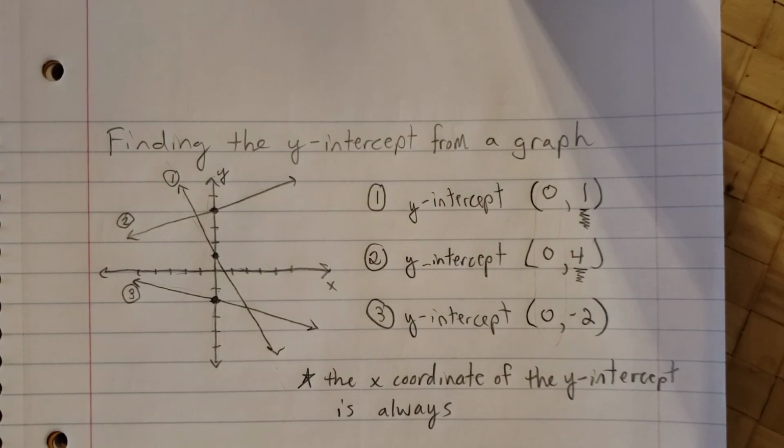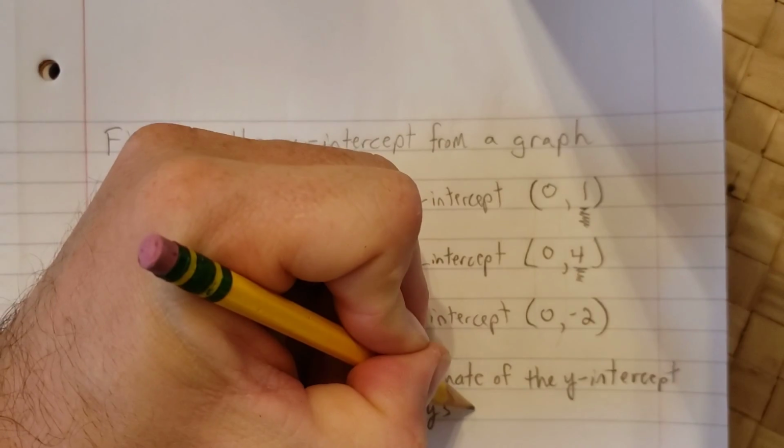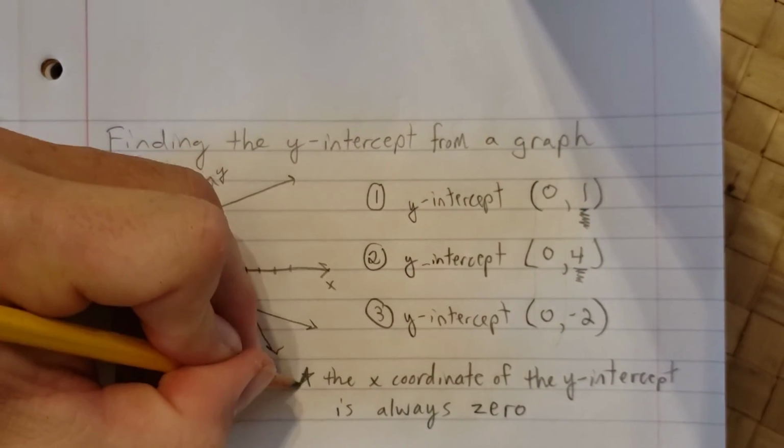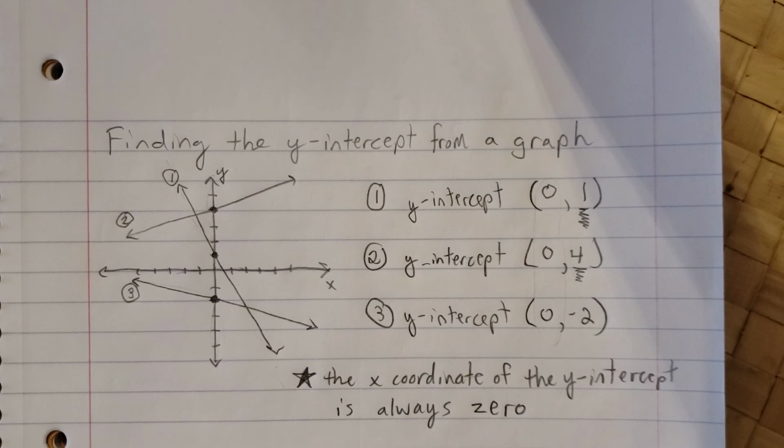The x-coordinate of the y-intercept is always 0. And we'll be using that in later lessons as a clue to help us solve different parts of some problems. All right, good stuff, pretty short.